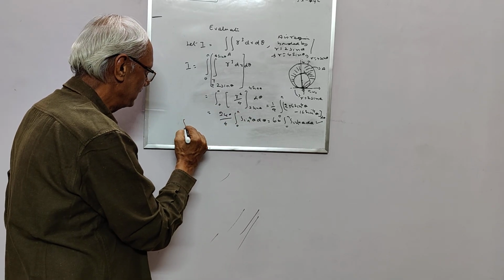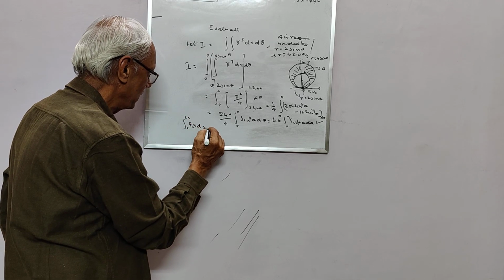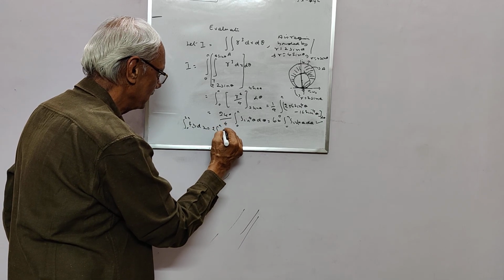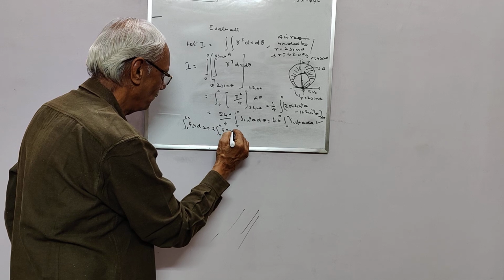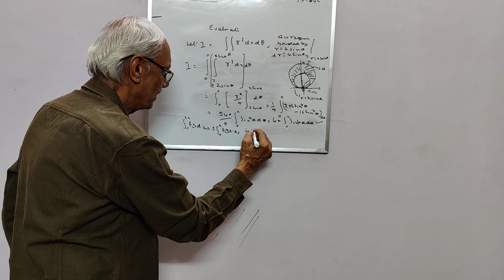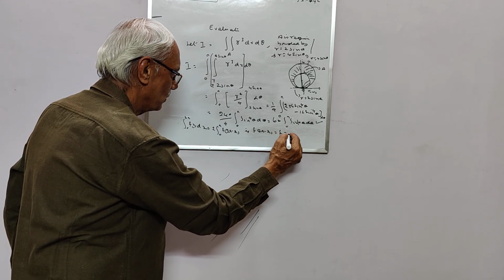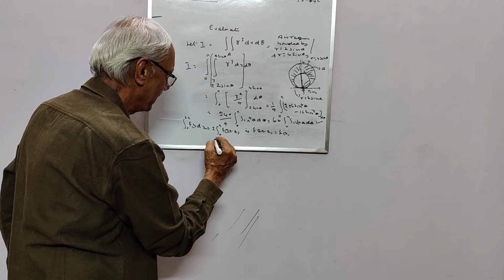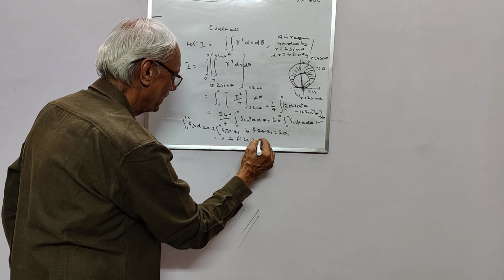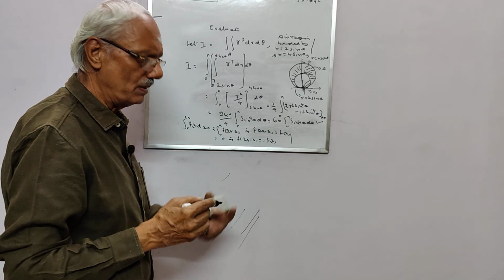It is the integral from 0 to 2a of f of x dx is equal to 2 times the integral from 0 to a of f of x dx if f of 2a minus x is equal to f of x, and the integral will be 0 if f of 2a minus x is equal to minus f of x. So this property I am going to use here.